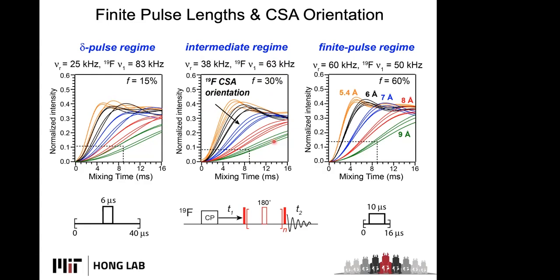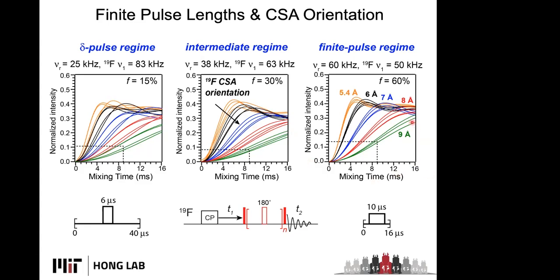Then the problem here is that my CSA has a significant influence on the buildup curve. So if I measure something in this regime, I don't know whether that's 5.4 angstrom belonging to the orange pack or whether that's 6 angstrom belonging to the black. So it's a little hard to say, right? You don't want to be in that intermediate regime.